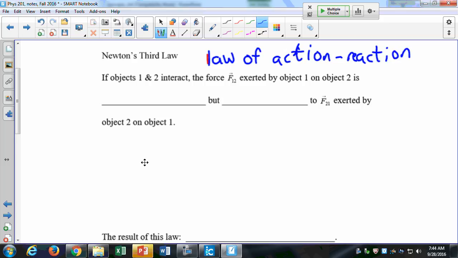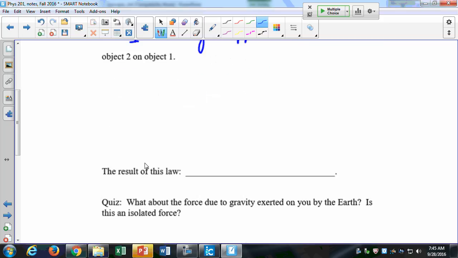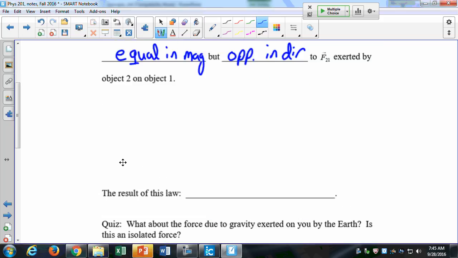And it says that if objects 1 and 2 interact, then the force exerted by object 1 on object 2 is equal in magnitude but opposite in direction to F21. And so, for example, if I have one object and I have another object, I'll call this object 1, this object 2.